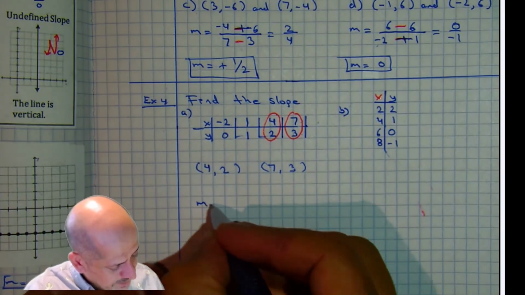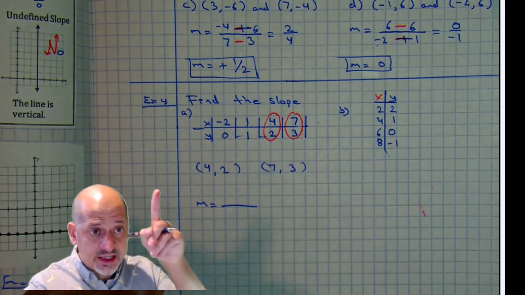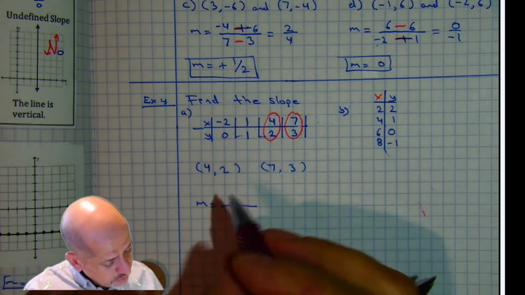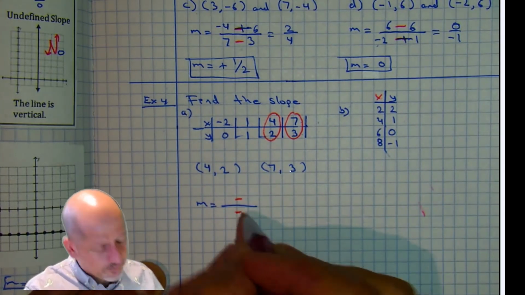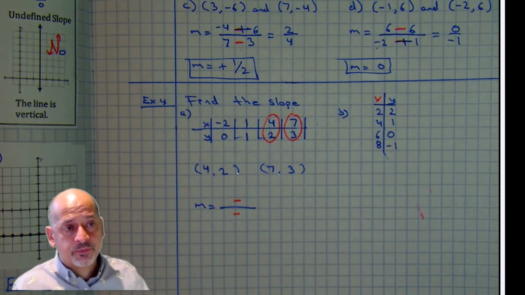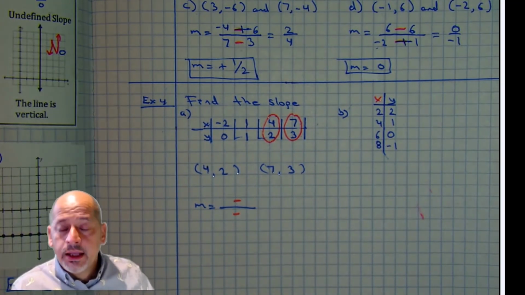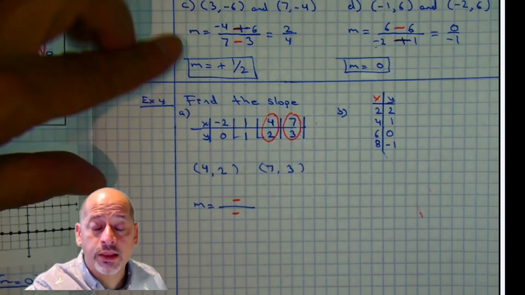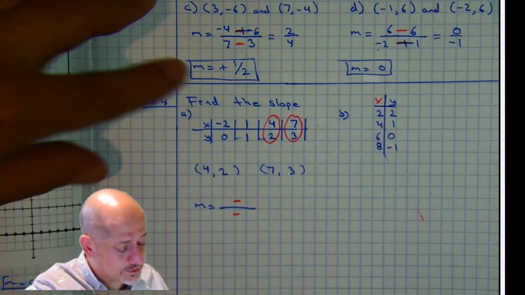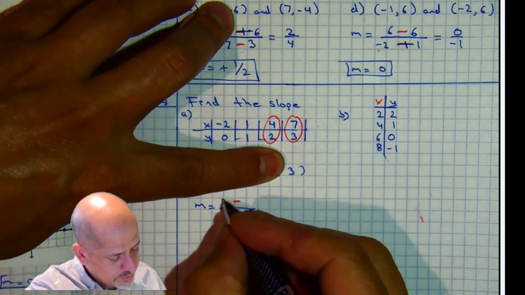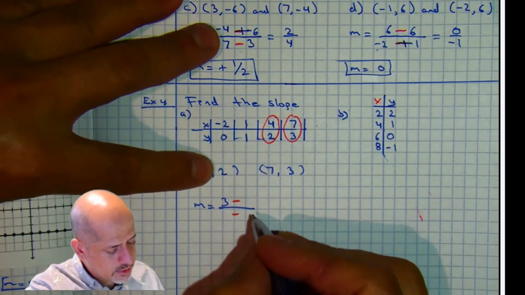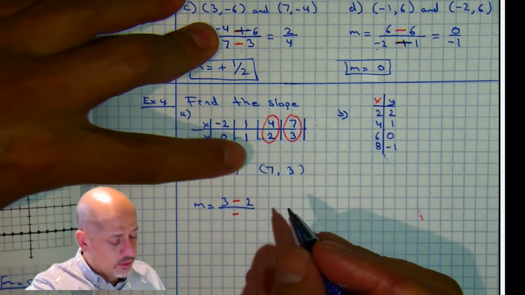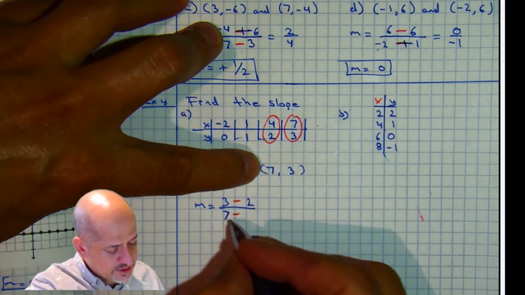My process will be exactly the same that I had above, but now I need to find those 2 points. And now I can set up my equation. Let's see, y2 minus y1, the difference of the y's over the difference of the x's. y2 is 3, y1 is 2. x2 minus x1.